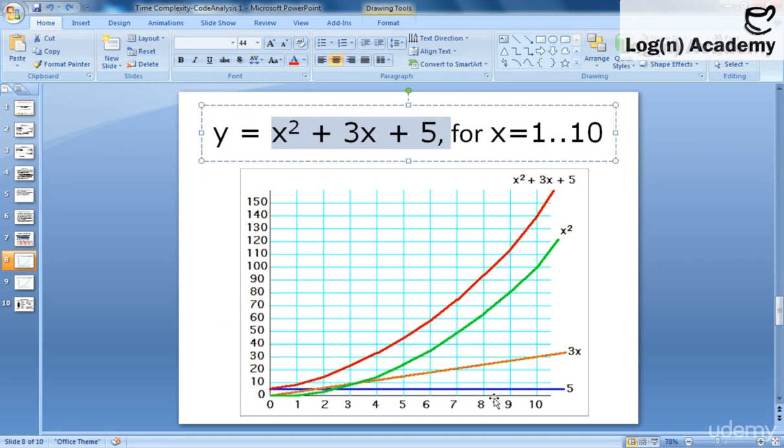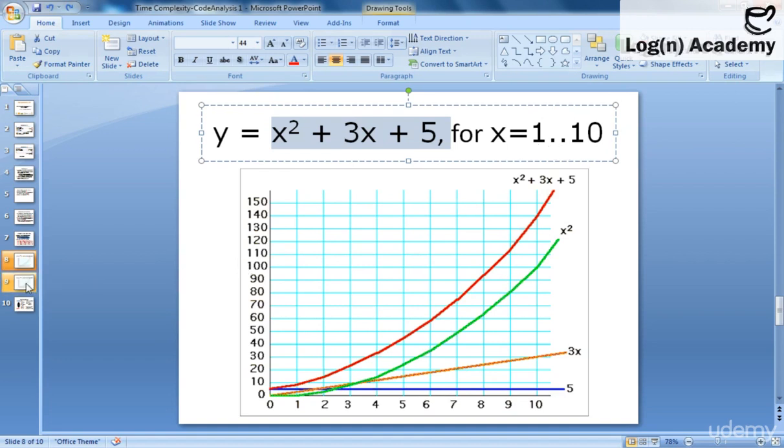As you can see, the 5 is a constant factor, there is no change. 3x, as the value of n is increasing, increases a bit. Now look at the x square term, right? And here is the complete equation, x square plus 3x plus 5. Now here the input size is 1 to 10.